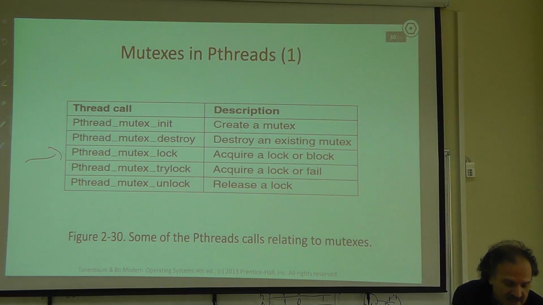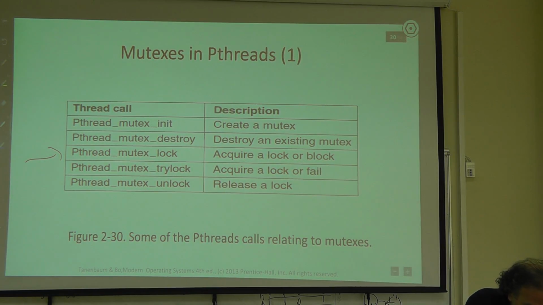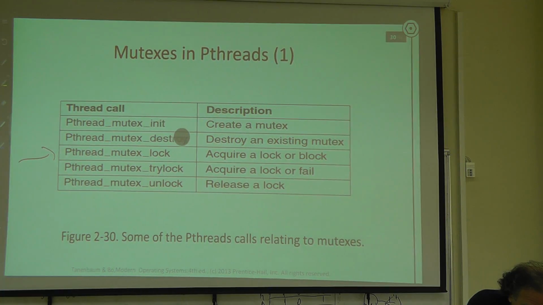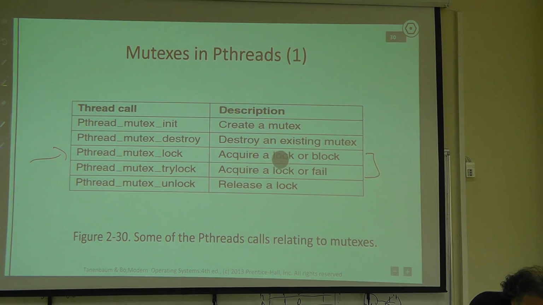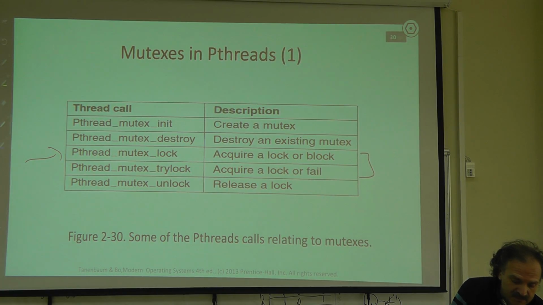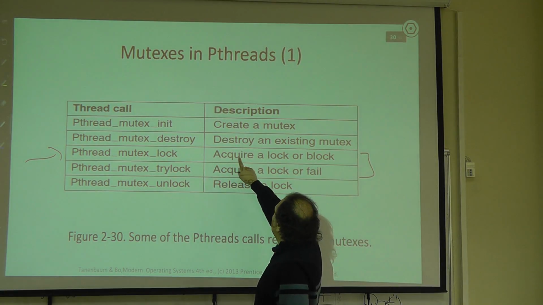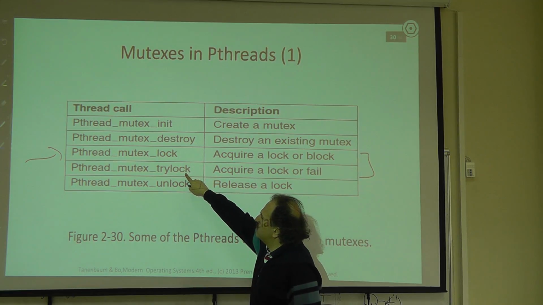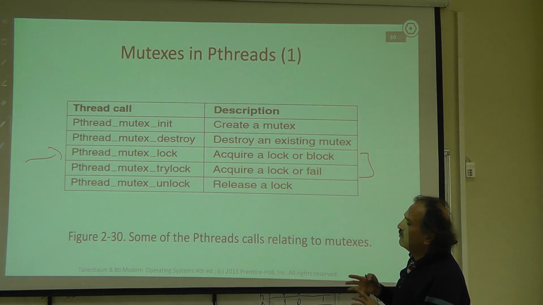We looked at this last time, pthreads and mutexes, and these are some of the functions of the mutexes: initializing a mutex, destroying a mutex, locking, unlocking, and try-locking. What was the difference between these two? It says right here: acquire a lock or block. That's a mutex lock. When you call this, you either acquire a lock or block. But when you call this one, you either acquire a lock or fail.